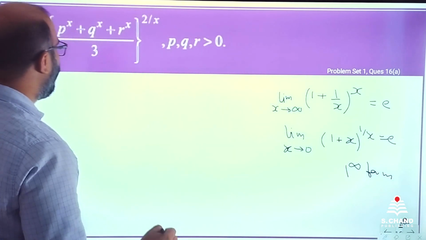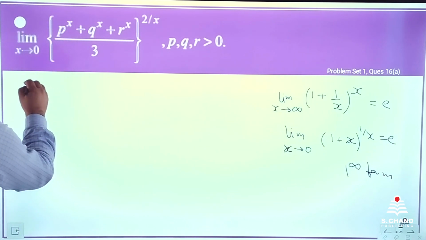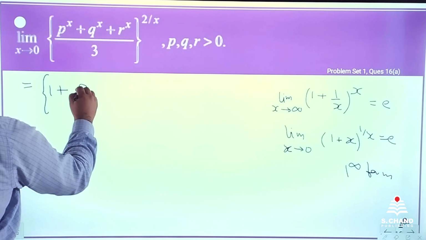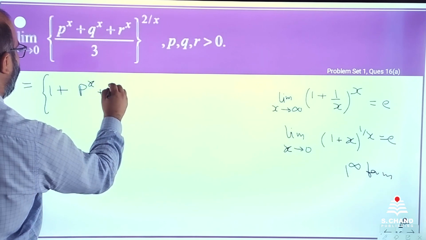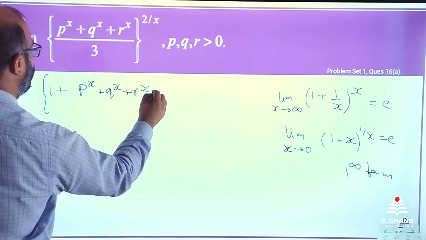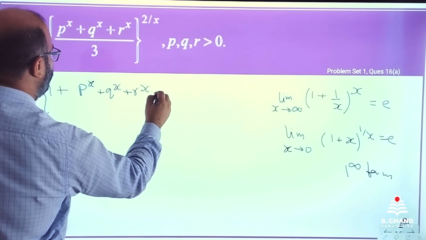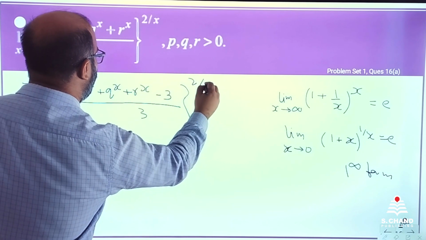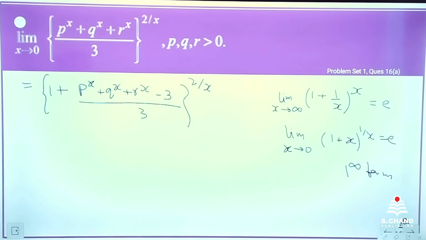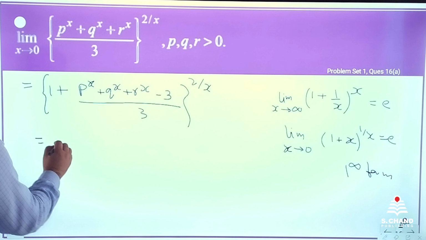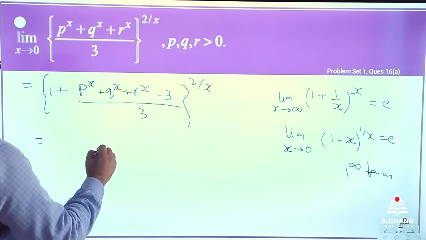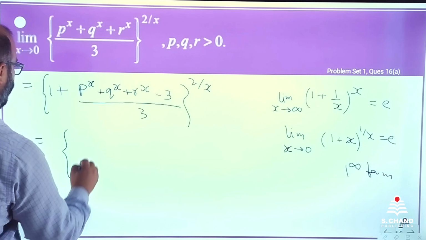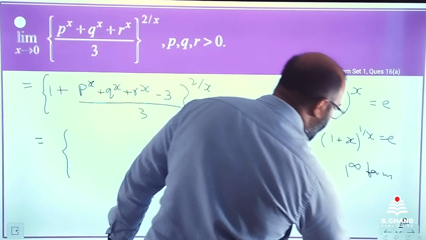Now, if we apply this identity here, how can we apply it? We take it like this: 1 plus (p to the power x plus q to the power x plus r to the power x minus 3) by 3, all to the power 2 by x. We can write it like this. In the next step, we take this as a quantity.